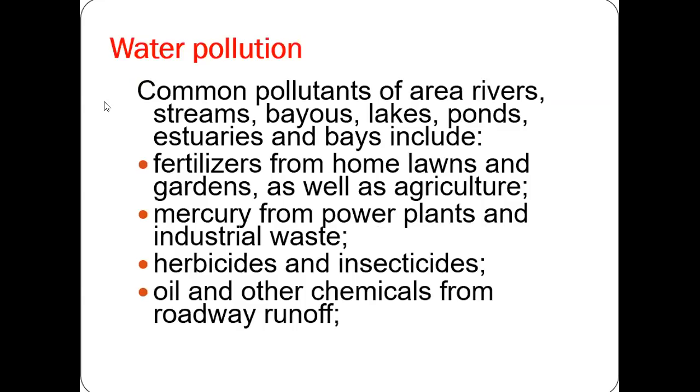So water pollution is a common problem in areas of rivers, streams, bayous, lakes, ponds, estuaries, and bays, which includes polluting them with fertilizers from home lawns and gardens, as well as the agricultural use of pesticides and herbicides.